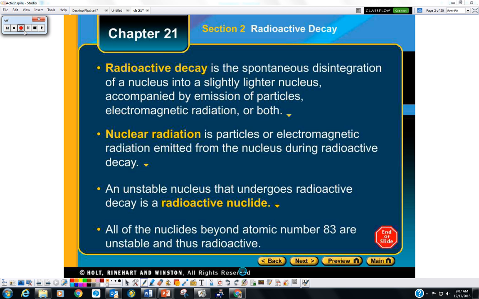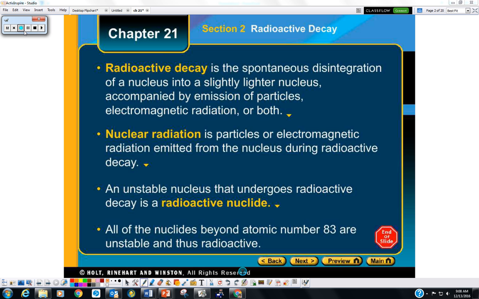Nuclear radiation has to do with the particles or electromagnetic radiation emitted from the nucleus during radioactive decay. So nuclear radiation is kind of like the energy that's associated with radioactive decay. And the higher the energy of that particle, the higher the energy of that decay, the more likely it is to be harmful to our bodies.